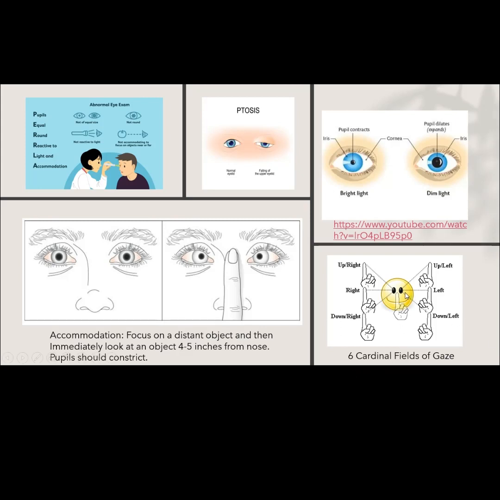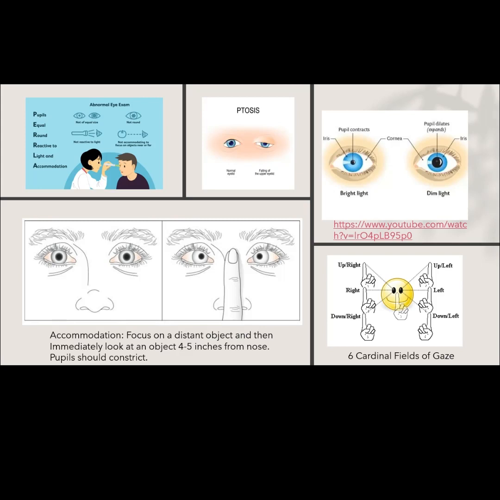The 6 cardinal fields of gaze are just making sure that the patient can follow your finger when you move it up, left, down, right, and so on. That tests the patient's EOM, or their extraocular eye movement. So again, have the patient follow an object, your finger, whatever it may be, in those 6 different directions, and you want to see that their eyes can follow each of those.